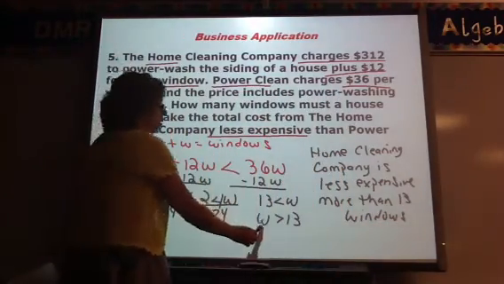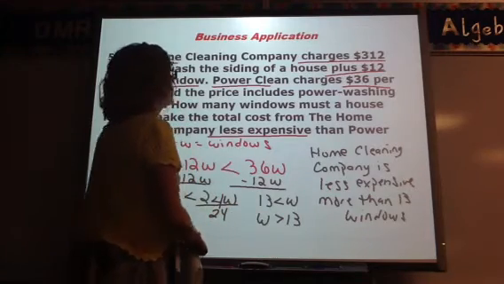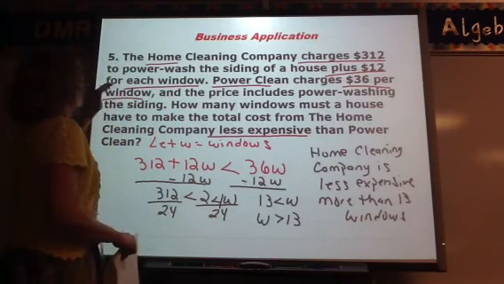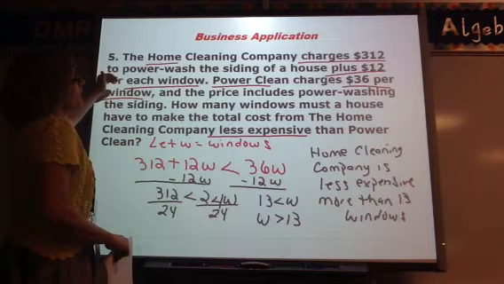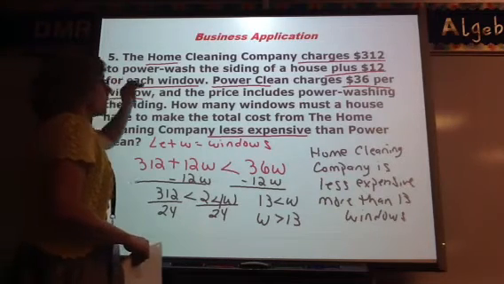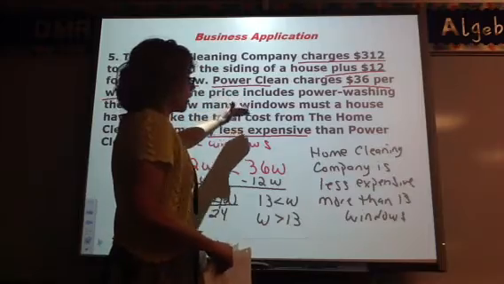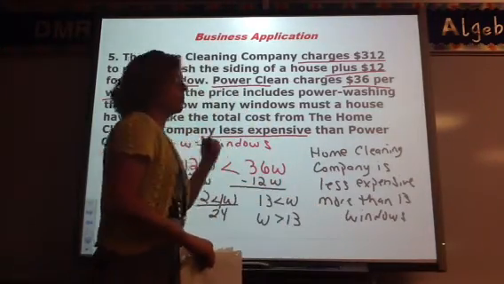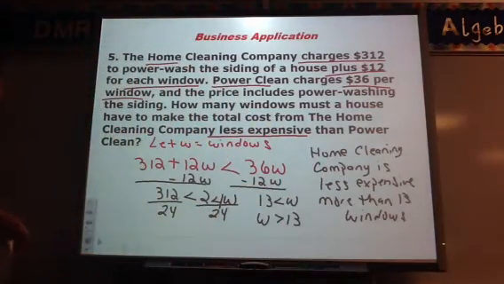Okay, so the windows have to be greater than 13. So the home cleaning company, which charges $312 for the siding, $12 per window, is less expensive than this other company as long as you're cleaning more than 13 windows.